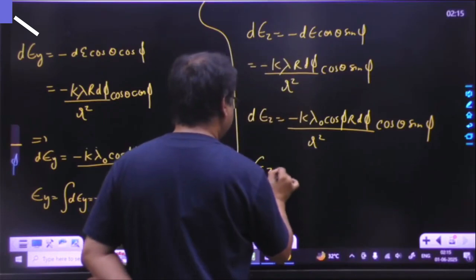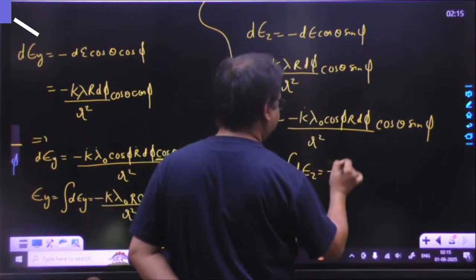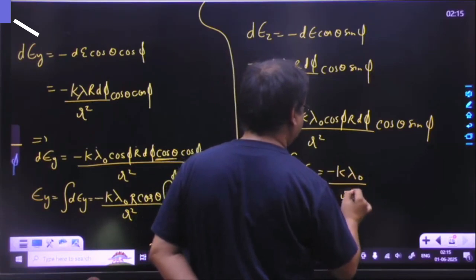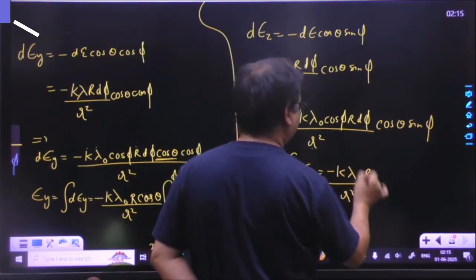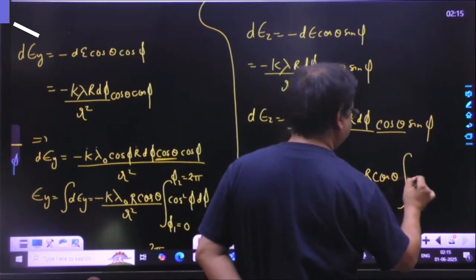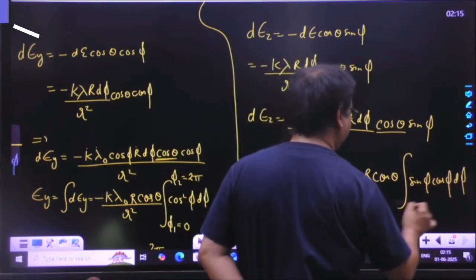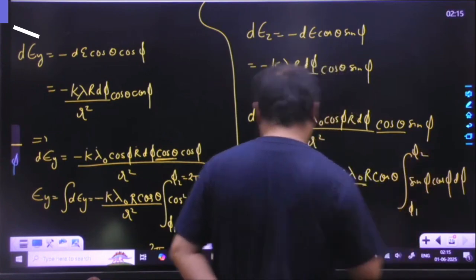Now what will be Ez? Integral of dEz. So what are the constants? Minus k is a constant, lambda naught is a constant, r square is a constant, capital R is a constant, this cos theta is a constant. What is left is sin phi cos phi d phi from phi 1 to phi 2.